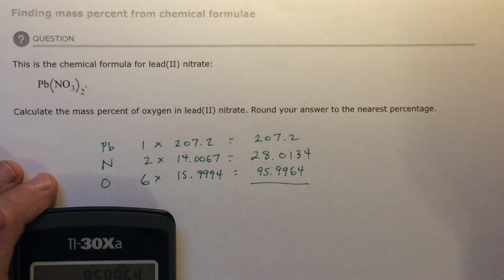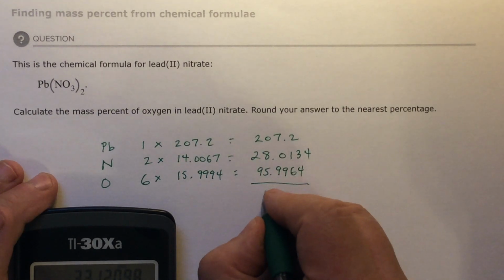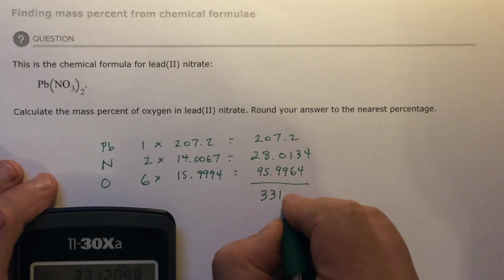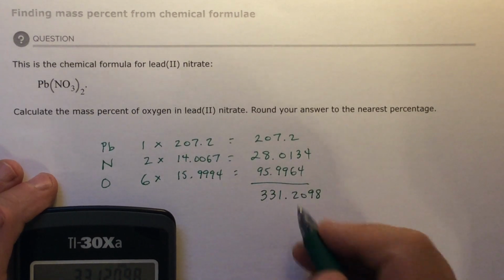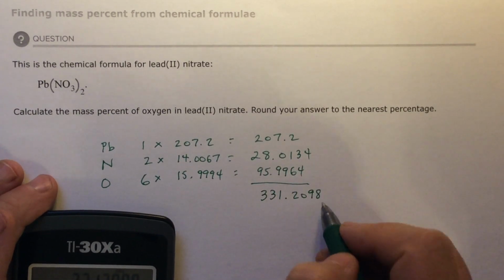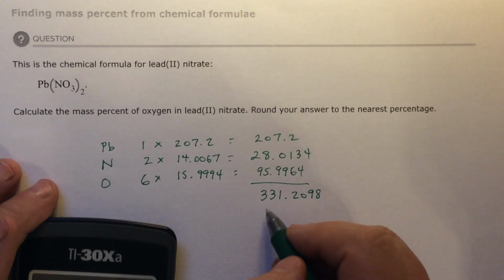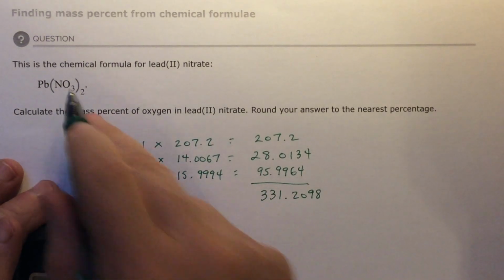I'm going to add those together. Plus 28.0134, plus 207.2. Okay. I'm going to have 331.28098 as my total grams. That's the total grams of what this molecule weighs.